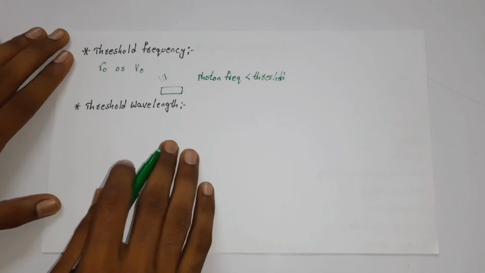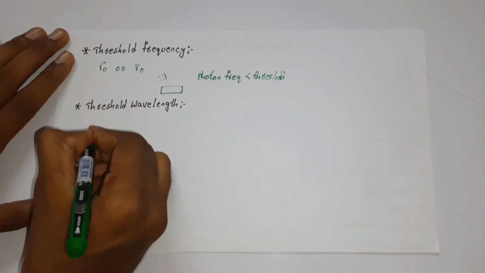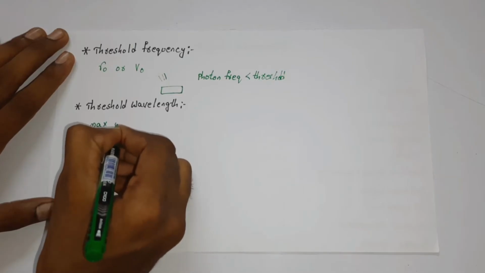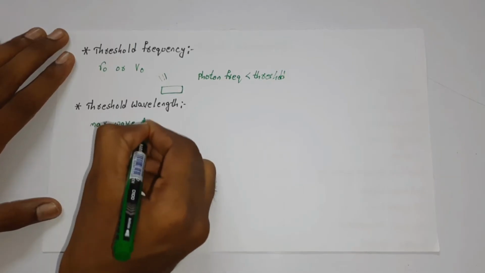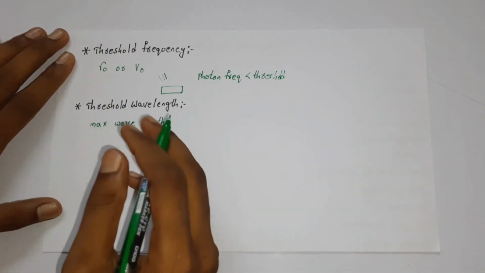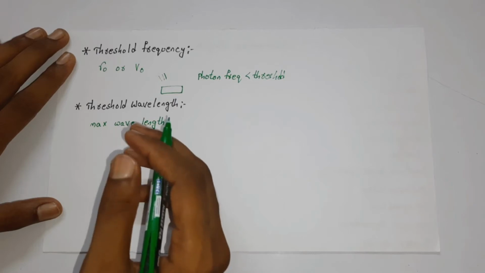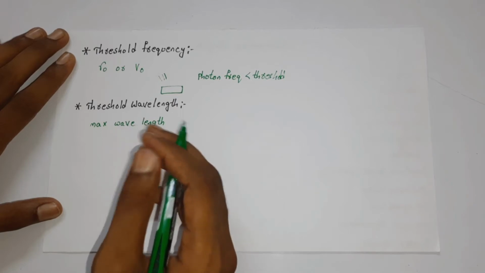Let us know what is meant by threshold wavelength. Threshold wavelength is the maximum wavelength of the incident radiation at which the photoelectric effect takes place.